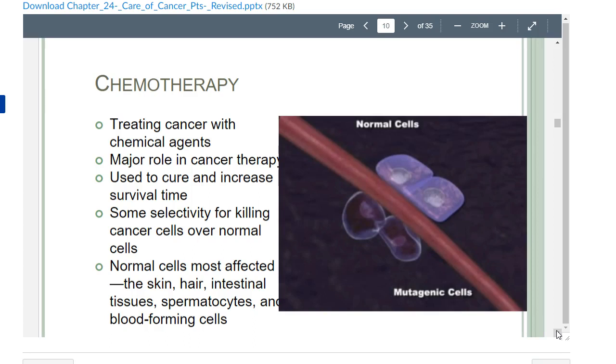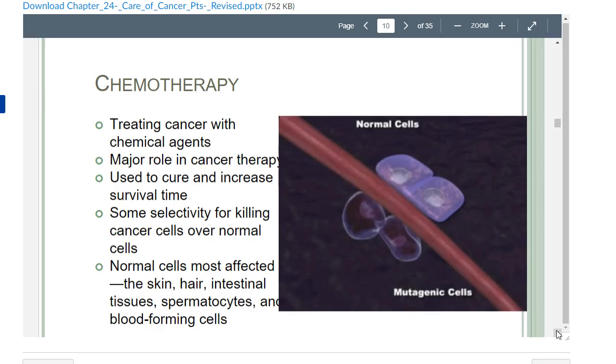Tumors most sensitive to chemo are the ones that have rapid growth. Cancer cells have the ability to metastasize, so they can actually separate from the original tumor and spread to new areas. Chemo can help kill the metastatic cells, and chemo can be used with surgery or radiation, adjuvant therapy.